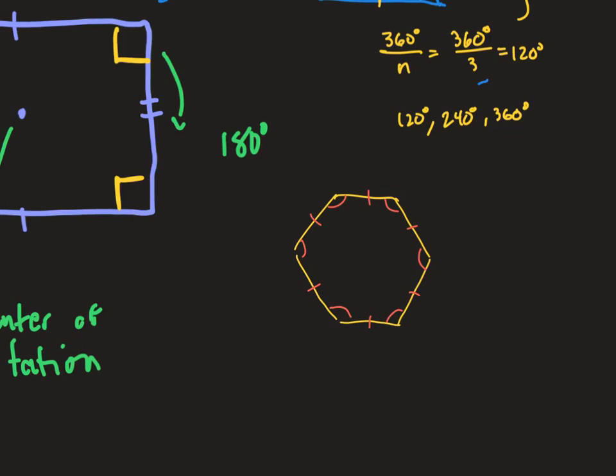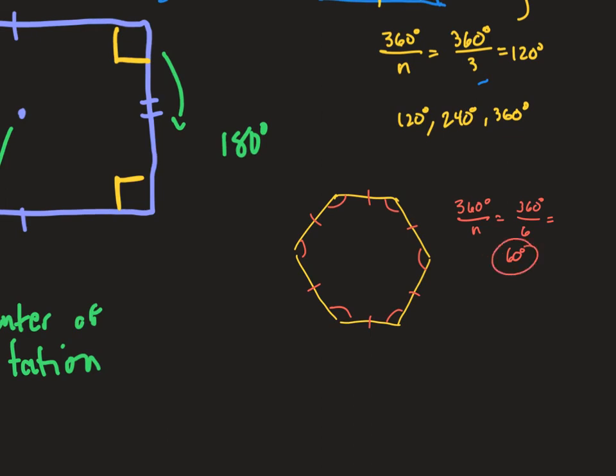So for the order of rotational symmetry, I have 360 degrees divided by n, my number of sides, which is 6. 360 degrees divided by 6 gives me a 60 degree rotational symmetry, and an order of rotational symmetry of 6 because I have 6 sides.